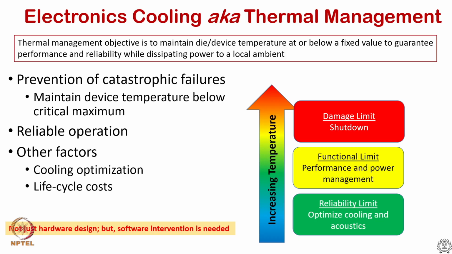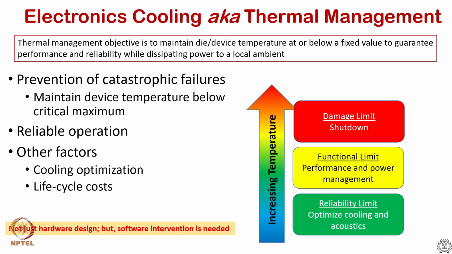So, what is electronics cooling in a very simple and straightforward manner? It is thermal management, and the objective of any electronics cooling or thermal management is to maintain the device or the die temperature, silicon die or device or package temperature, at or below a fixed value.